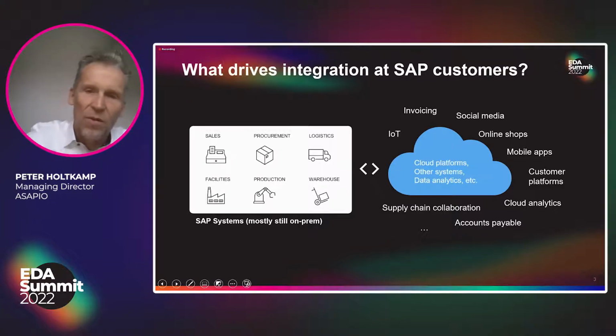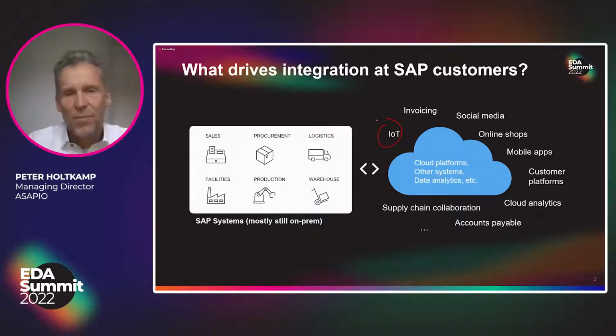You talk about things like your IoT, for example. You have a lot of local sensors, and these sensors can be used in order to facilitate predictive maintenance inside your SAP system. We have online shops. We have internal shops, like for your staff to procure things. We also have cloud analytics, which is very important. What they often try to achieve is to measure the overall process performance.